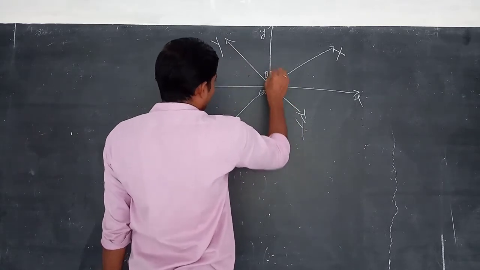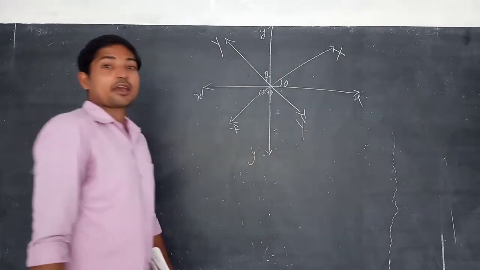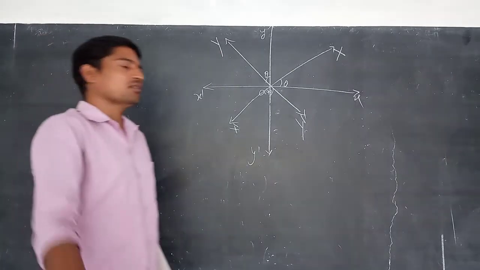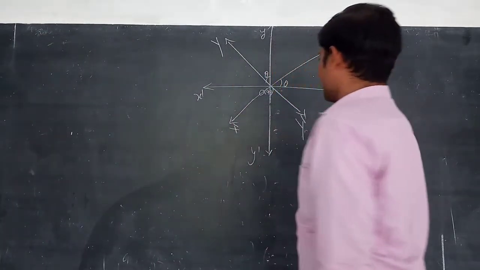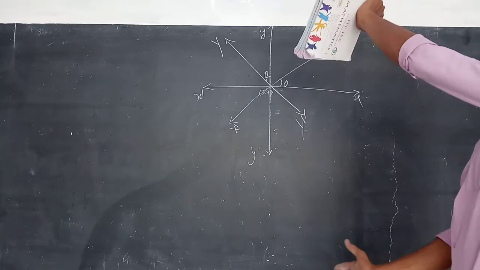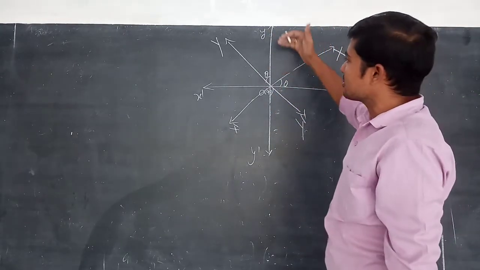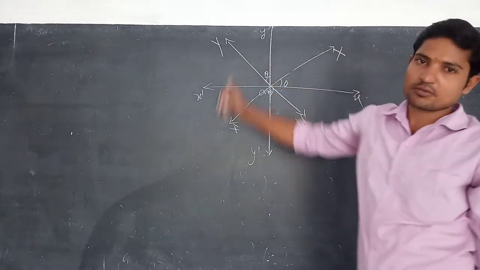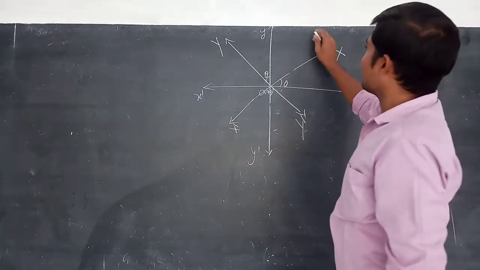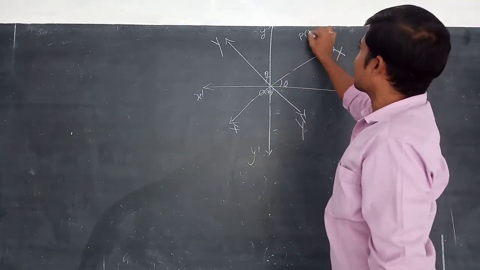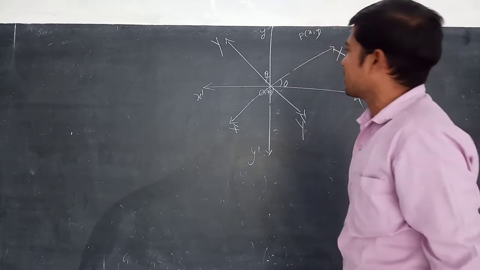There is no change in the angle, as the x-axis and y-axis are rotated by the same angle. How much rotation happened here, the same rotation happens here. So before that, we take a point P here. The coordinates are x, y.